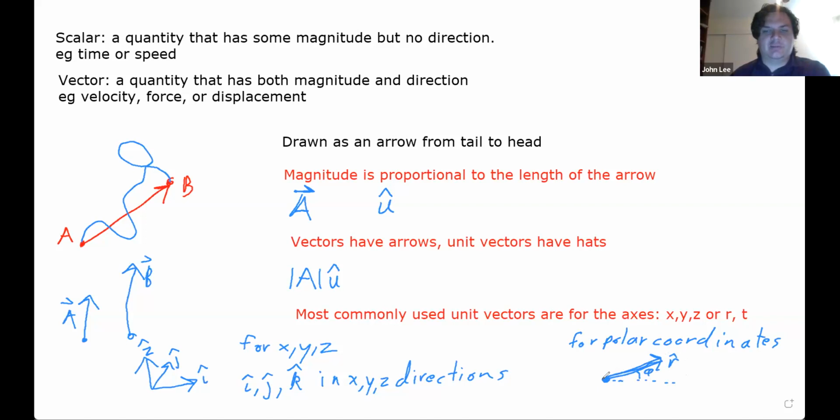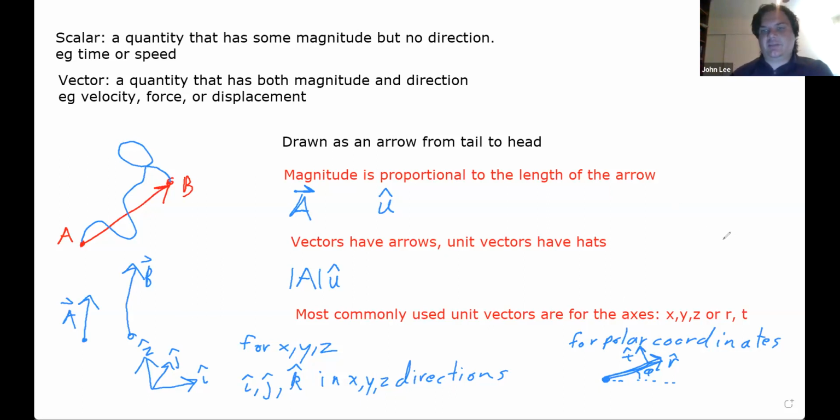So it's going to point from the origin to the tip of the vector, and then T is going to be perpendicular to that, going in the direction of increasing angle. So that's what polar coordinates are.